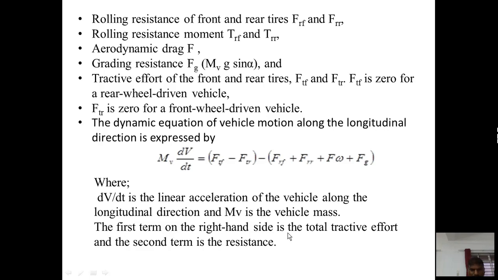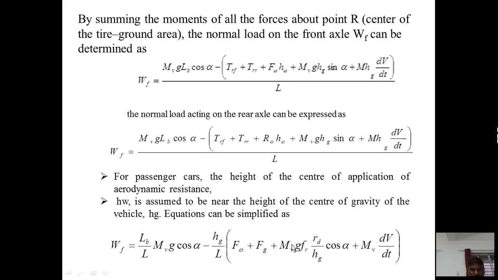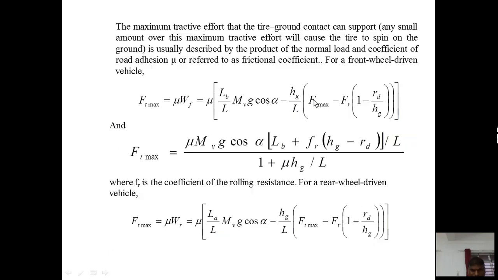The first term on the right hand side is the total tractive effort and the second term is the resistance. Then, by summing all the forces at point R, the center of the tire ground area, the normal load on the front axle W_f can be represented as W_f equal to M_v g L_b cos alpha minus the summation of all the forces, divided by L.